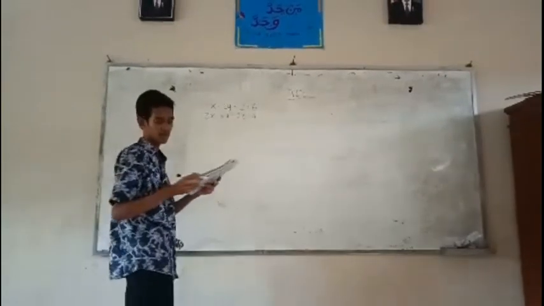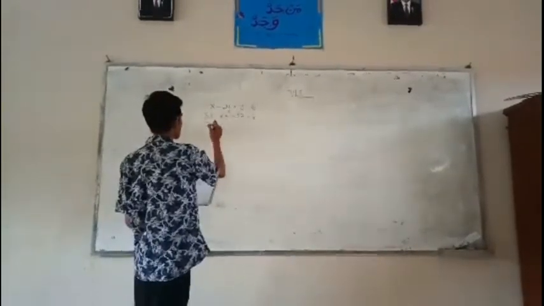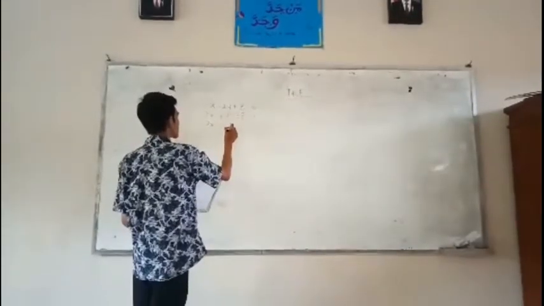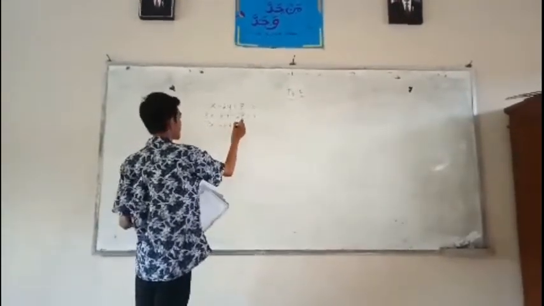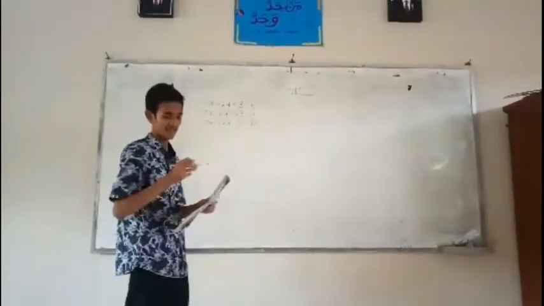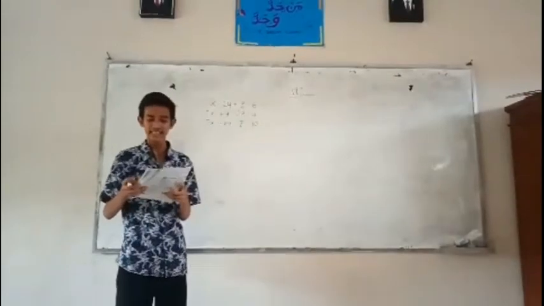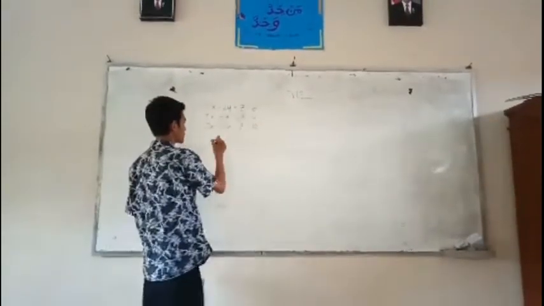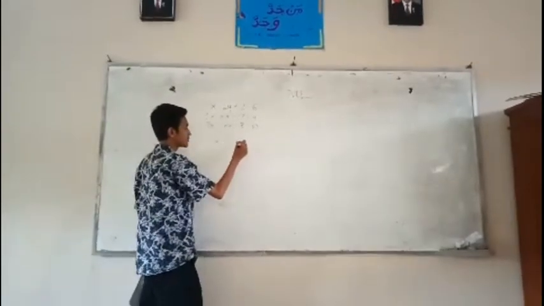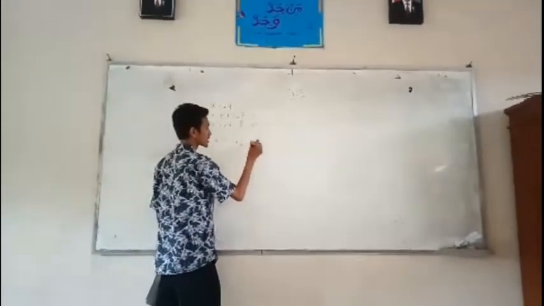And the last equation, 7x minus 6y minus z equals 10. Find the value of x plus y plus z.